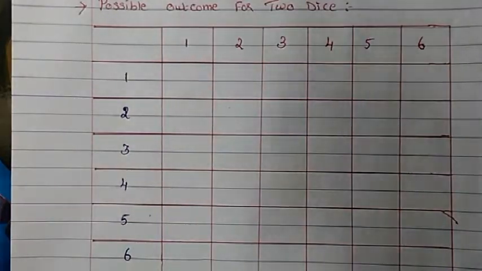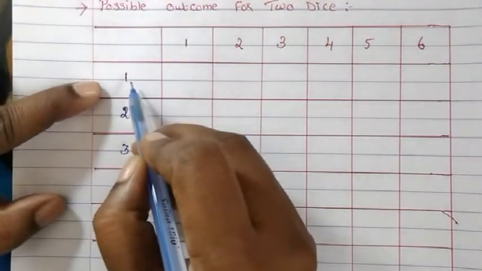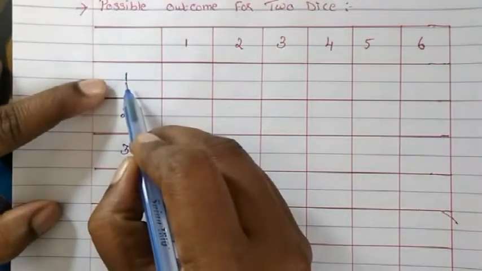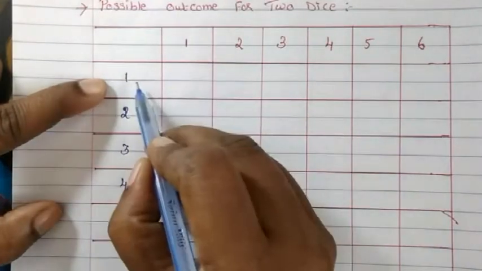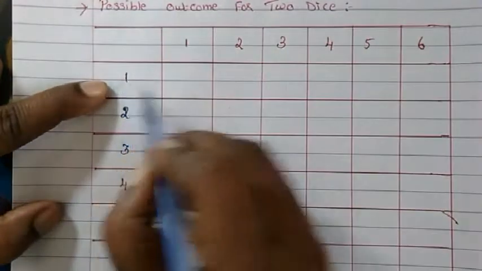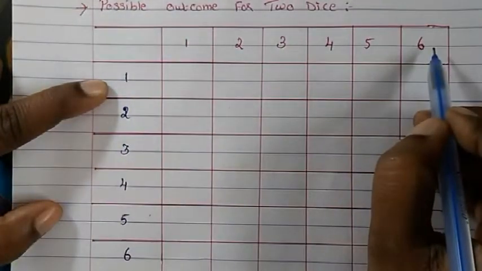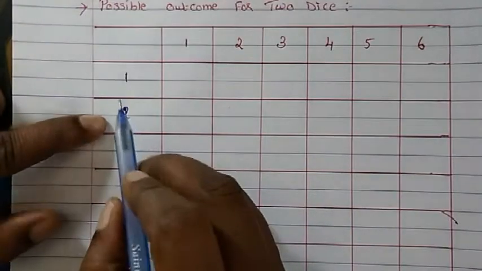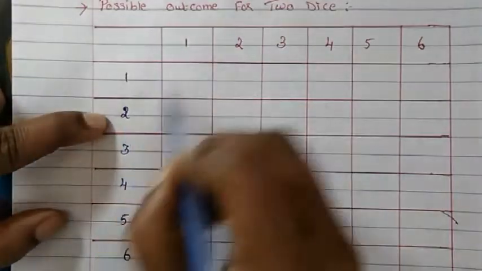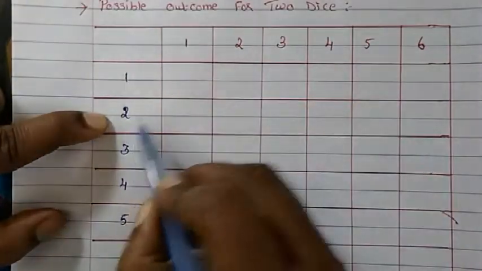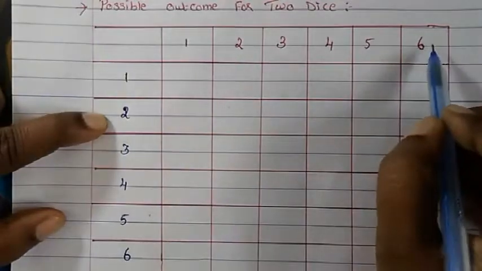So let's write that down. First, with the blue die, with 1 there can be 1, or 2, with 1 it can be 3, with 1 it can be 4, with 1 there can be 5, with 1 it can be 6. Same way, if blue die comes 2, then red die can be 2 and 1, 2 and 2, 2 and 3, with 2 4, with 2 5, with 2 6.